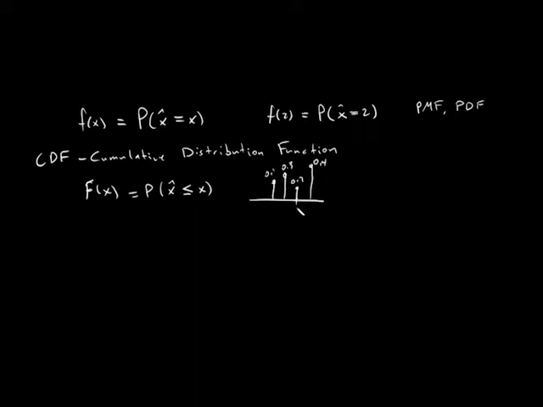If you're taking the value, let's say this is x0, capital F of x0 would be 0.1 plus 0.3 plus 0.2. So everything below that value, you add it together, so that would give us 0.6. This is obviously different than f of x0. This is just the probability that x is x0, so that would be 0.2.